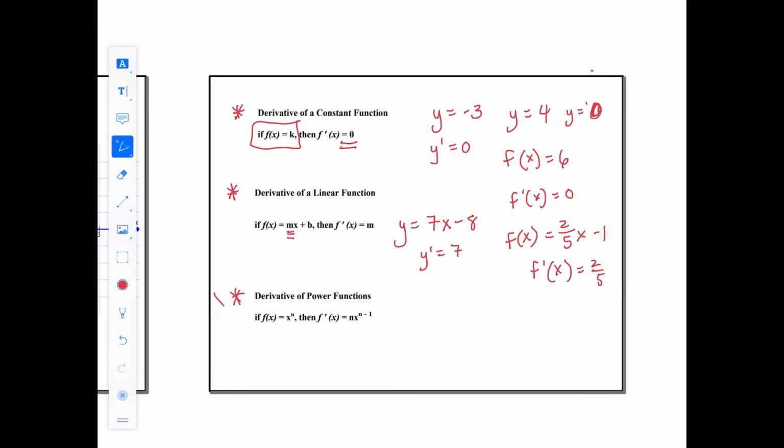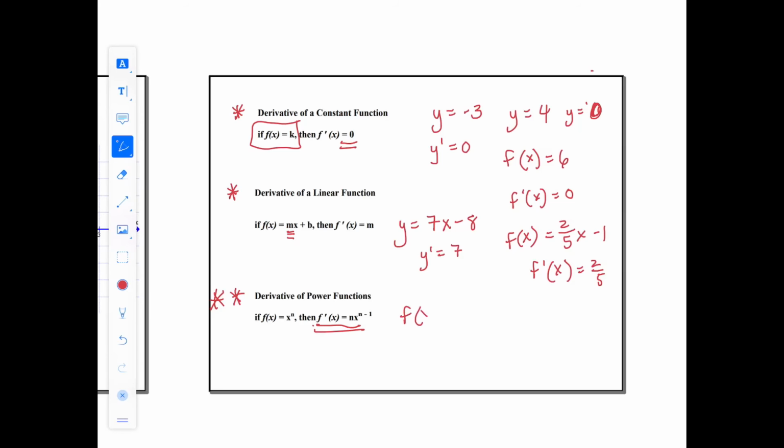Now this one is precious. This one is telling us if I have a power, x to the n, I can always find the derivative of that function by taking this rule. It's our power rule. It's n, which is the power, times that function x raised to the n minus 1.